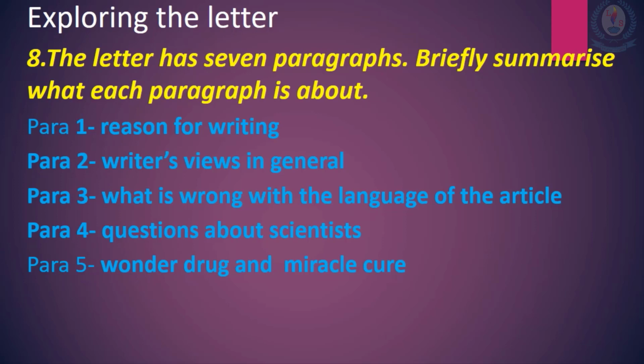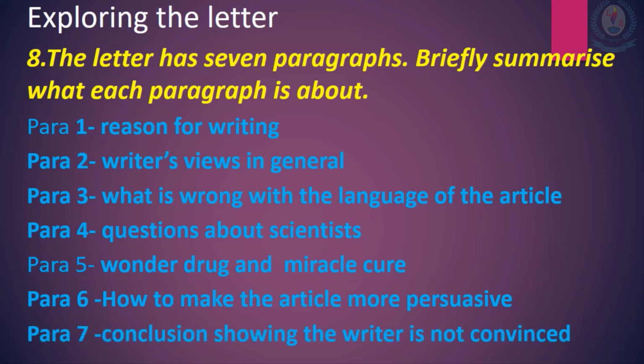Paragraph 5. It's about wanted drug and miracle cure. Paragraph 6. It is about how to make the article more persuasive. And paragraph 7. It's about the conclusion showing the writer is not convinced.